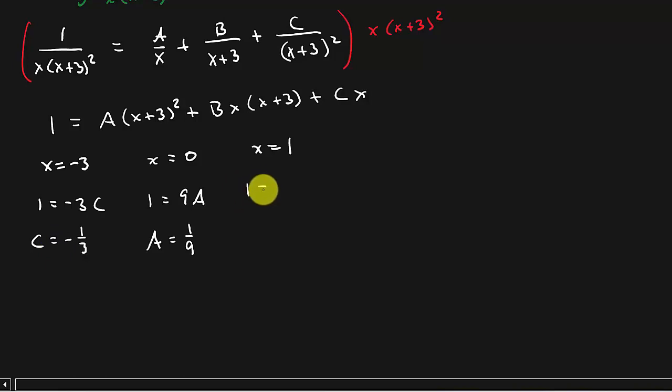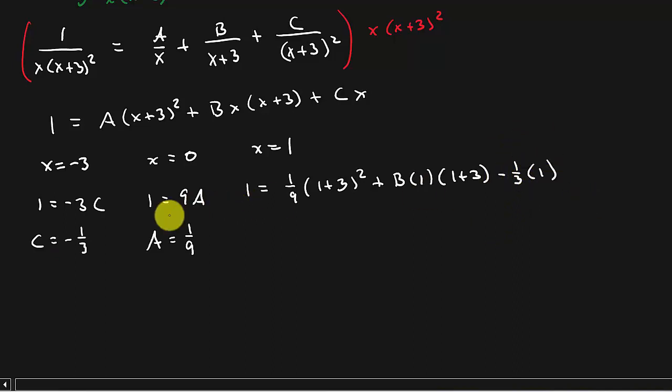And so that's going to leave us with 1 equals, plugging 1 in for x, and we know a is 1/9. So that's 1/9 times 1 plus 3 squared plus b times 1 plus 3 plus c, which is -1/3, so that's -1/3 times 1. And when we do all this arithmetic, we end up with b equals -1/9.